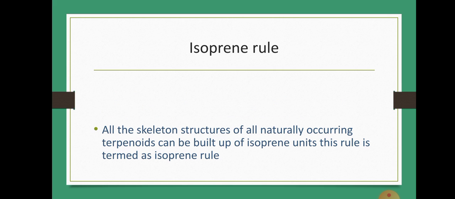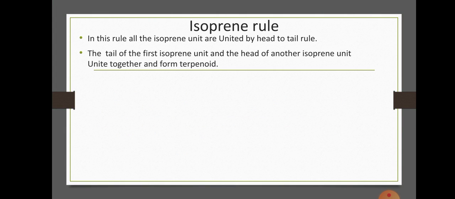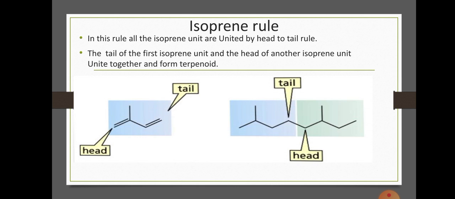In this we can learn how these isoprene units are combined to give us terpenes or terpenoids. Each isoprene unit has 5 carbon atoms, and the head of one isoprene unit and the tail of the other join together to form a terpene or terpenoid.